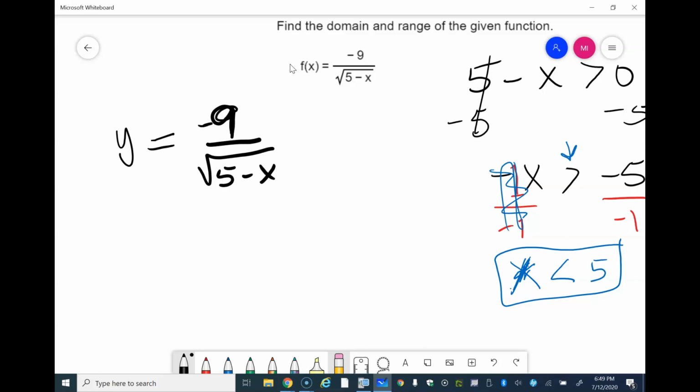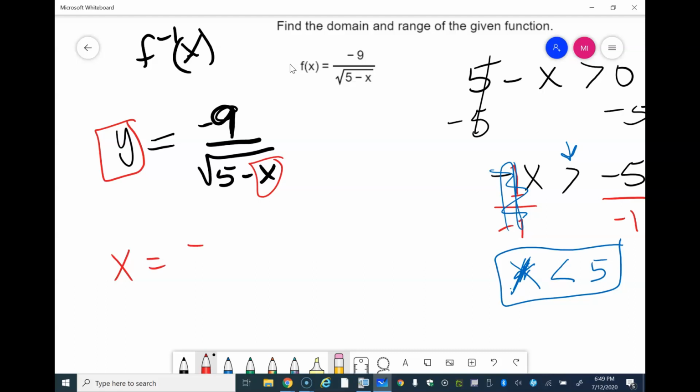And we're just going to switch the y and the x. When we're trying to find the inverse, all we do is take the y and the x and flip-flop them. So x will be over here now. We have x equals negative 9 over the square root of 5 minus y this time. And we're just going to solve for y.